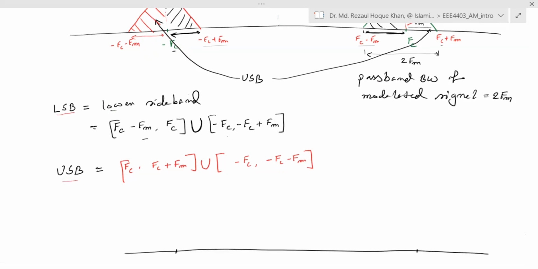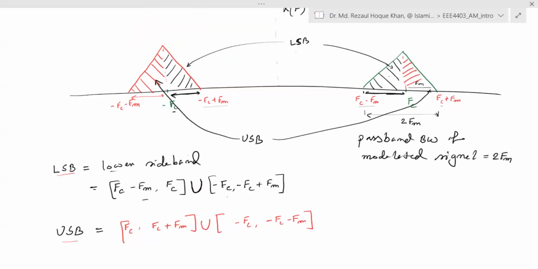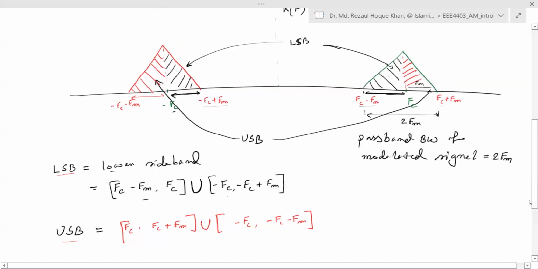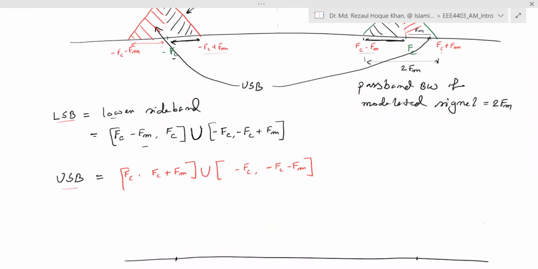We are drawing the LSB first, lower sideband. Which one is the lower one? You can see, this is the lower one, this portion and this portion. So let us draw these two portions here.